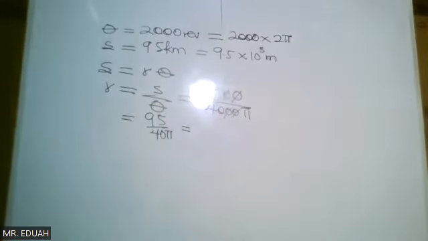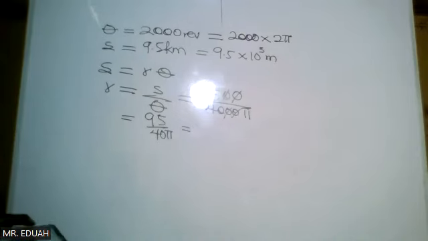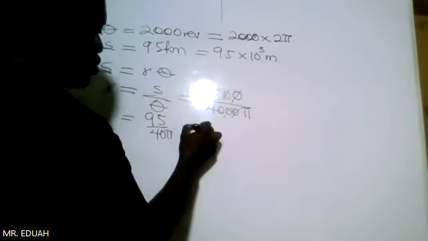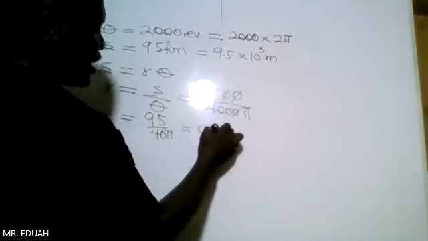What is 95 over 40 pi? Give me this in decimal. 0.755.